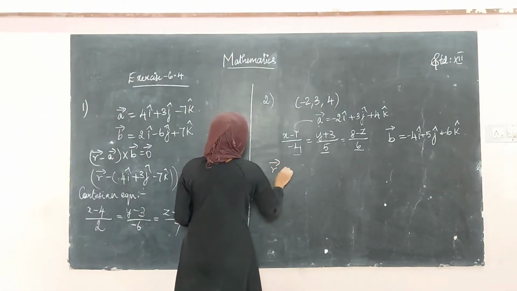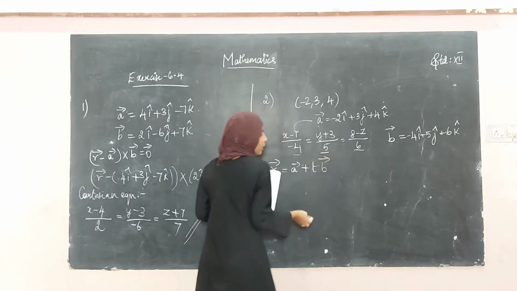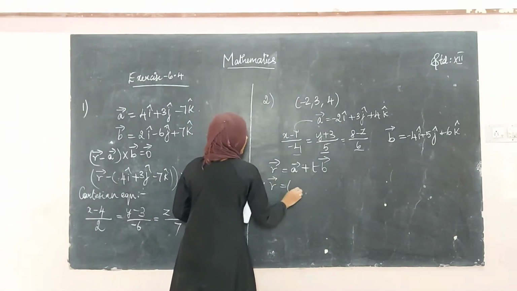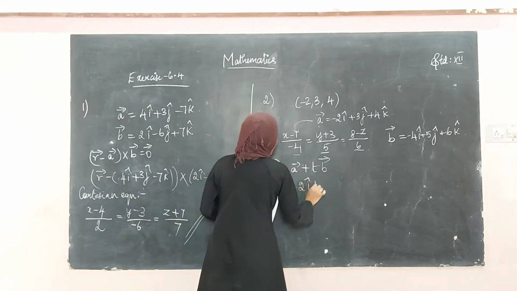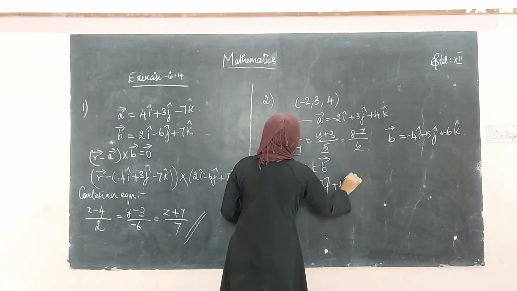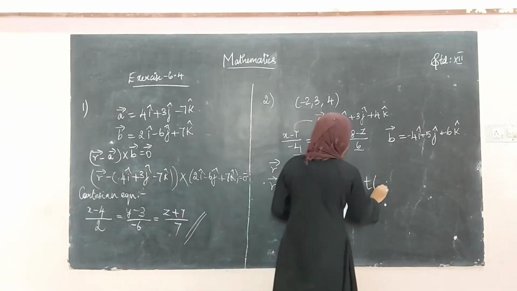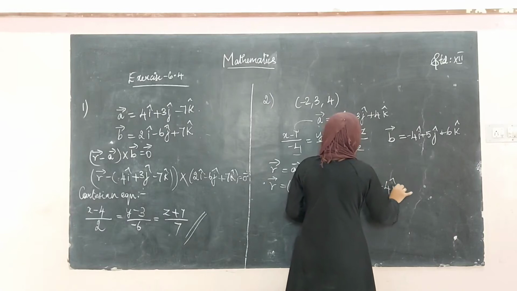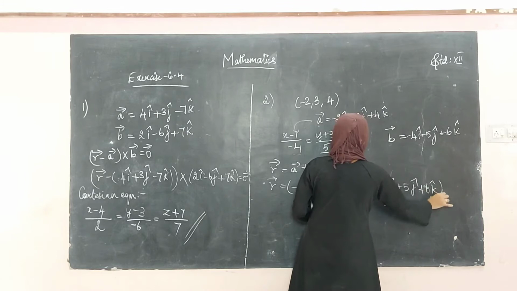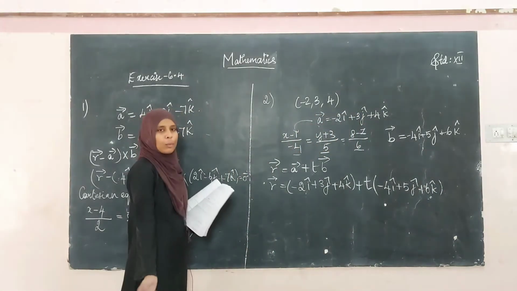R vector is equal to A vector plus t into B vector, right? Now shall we substitute the vectors? R vector is equal to, what is A vector? A vector is minus 2i cap plus 3j cap plus 4k cap, plus t into, what is B vector? B vector is minus 4i cap plus 5j cap plus 6k cap. Okay, so this is the parametric form of the vector equation.